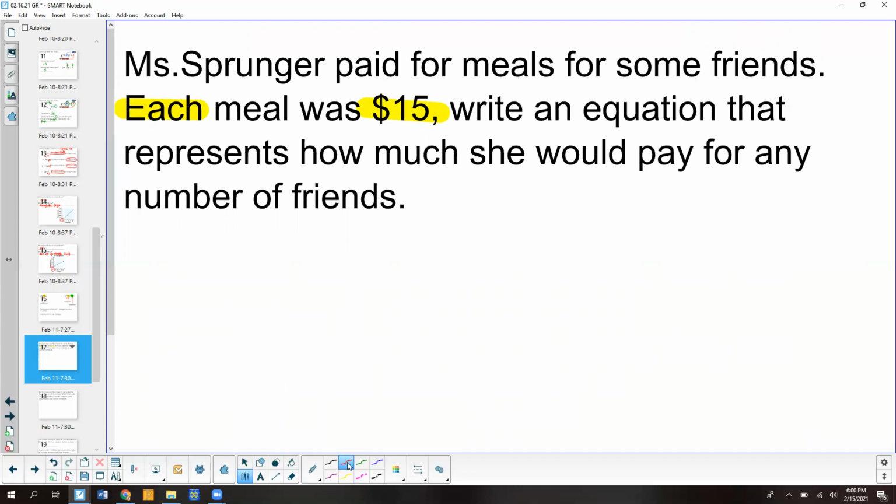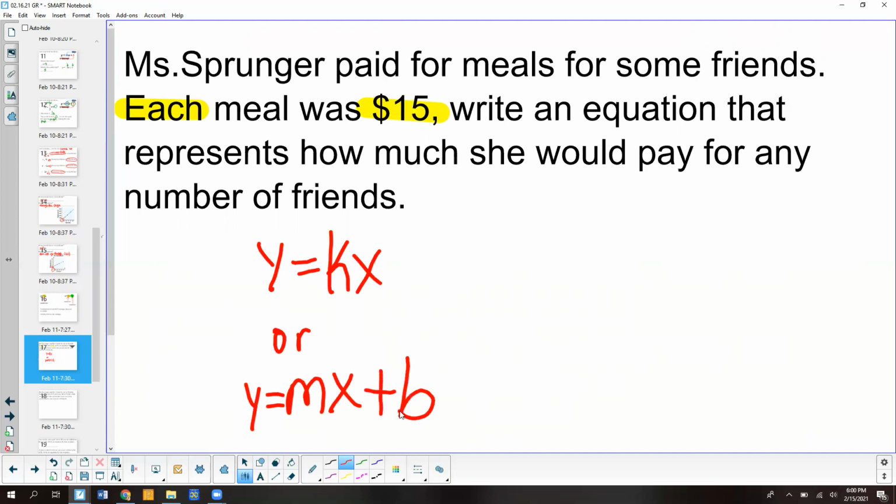We're going to write our equation in either y equals kx or y equals mx plus b. If I'm thinking of $15 per meal, this is going to be a proportional relationship because y equals 15x. The x would represent my number of friends.